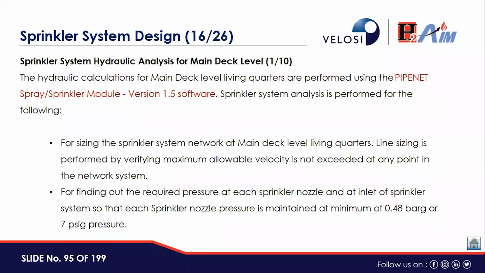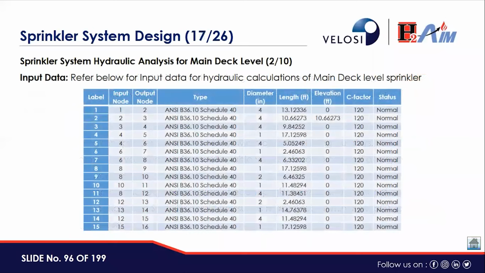For finding out the required pressure at each sprinkler nozzle and at the inlet of the sprinkler system, so that each sprinkler nozzle pressure is maintained at the minimum of 0.48 bar gauge or 7 psig. So these were the input data required for the hydraulic calculations of the main deck level sprinkler.